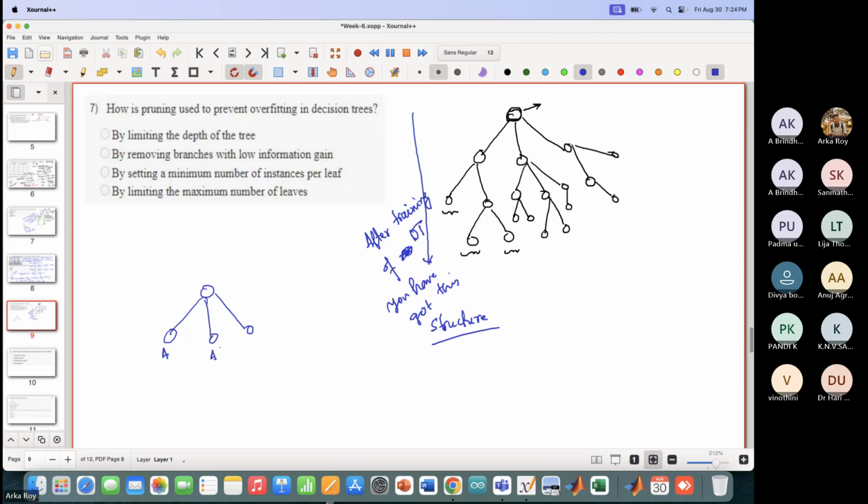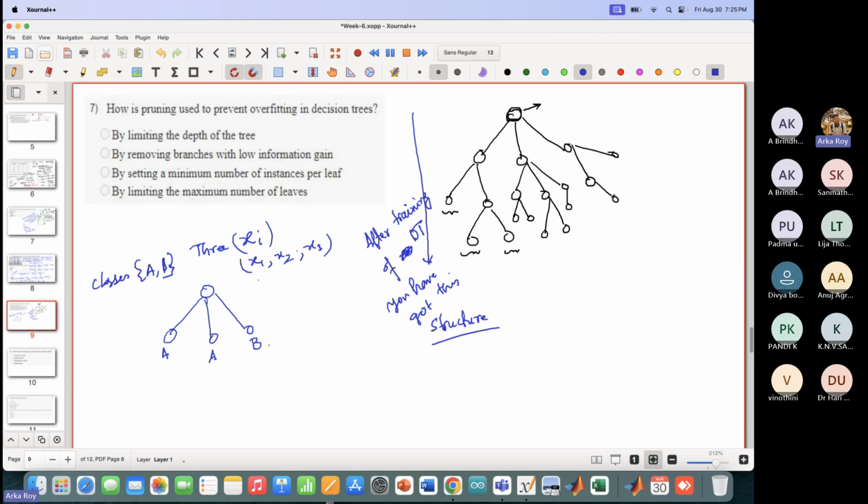And this particular node also does some classification for class A, and the third one does the classification for class B. So it is a binary classification problem, class A and class B, and you have three input attributes, xi, that could be x1, x2, and x3. Now, based on x1, x2, x3, you have to predict whether the data belongs to class A or class B.